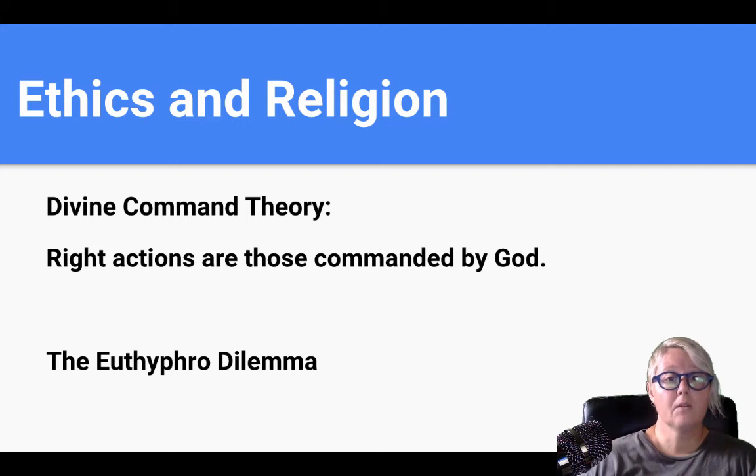However, both religious scholars and secular scholars question the validity of divine command theory. Plato himself questioned the divine command theory thousands of years ago in one of the Platonic dialogues called Euthyphro. And this resulted in what is now referred to as the Euthyphro dilemma. The dilemma goes a little something like this.